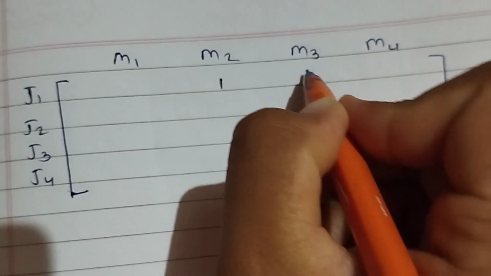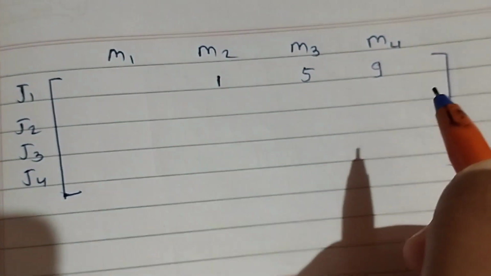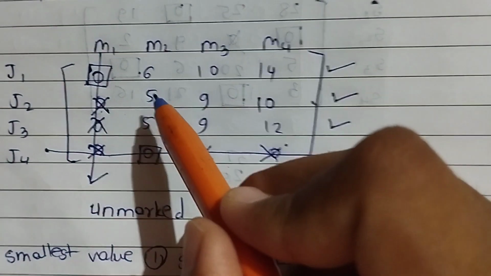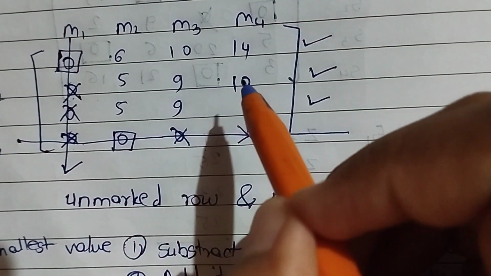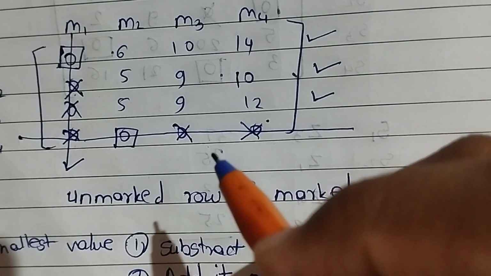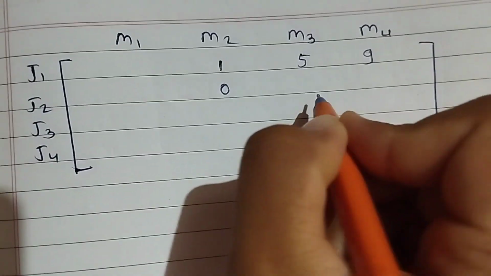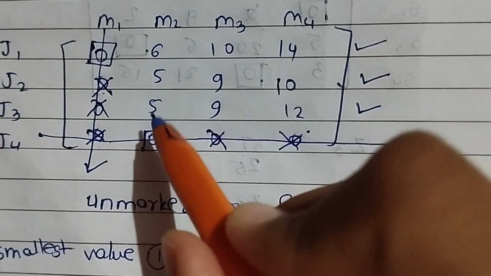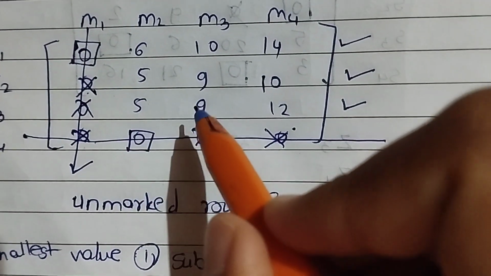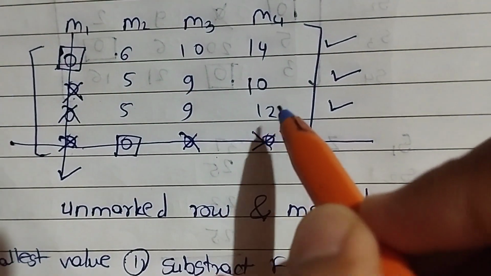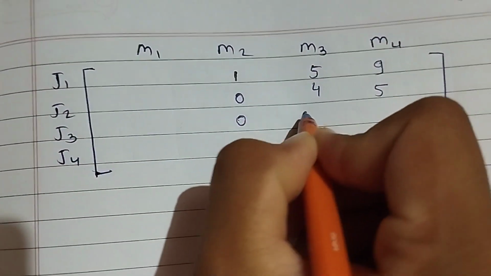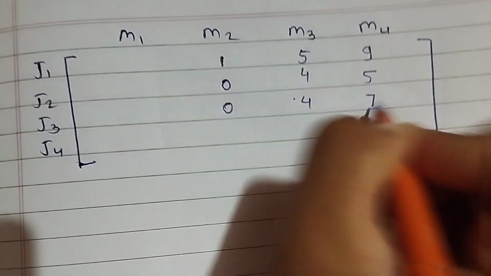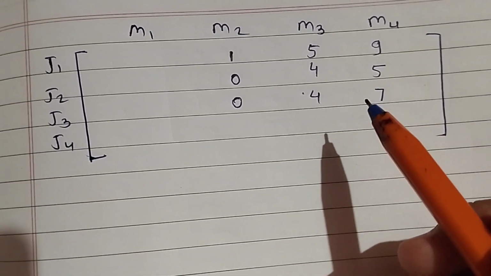Here 1, 5 and 9. Now here 0, 4 and 5, because 9 minus 5 is 4 and 10 minus 5 is 5. Now 5 minus 5 is 0, 9 minus 5 is 4 and 12 minus 5 is 7. So 0, 4, 7.